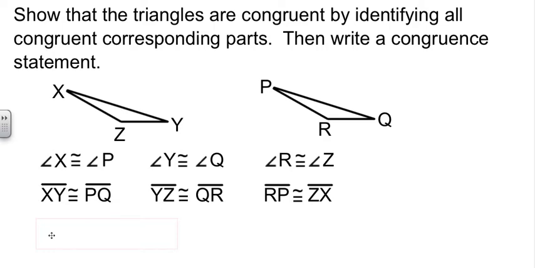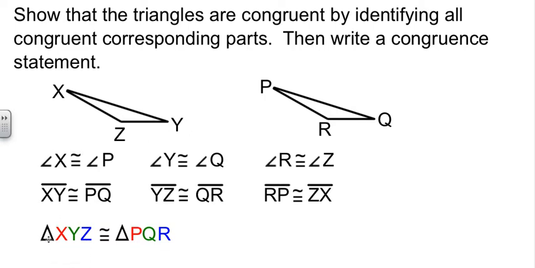When we name a pair of congruent triangles, the order of the letters is vital. It's very important to have the order correct. For one triangle, you can name in any order you want to. So I chose to call this triangle XYZ.